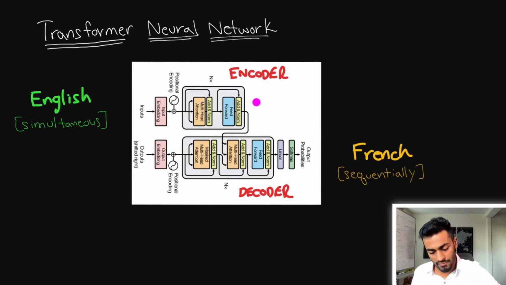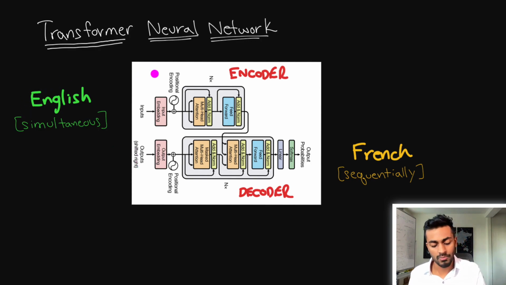It'll generate word vectors for every word simultaneously. These word vectors will then be passed into the decoder. And then the decoder will generate the French translation one word at a time. Every time one word is generated, it's provided as context to the decoder itself.